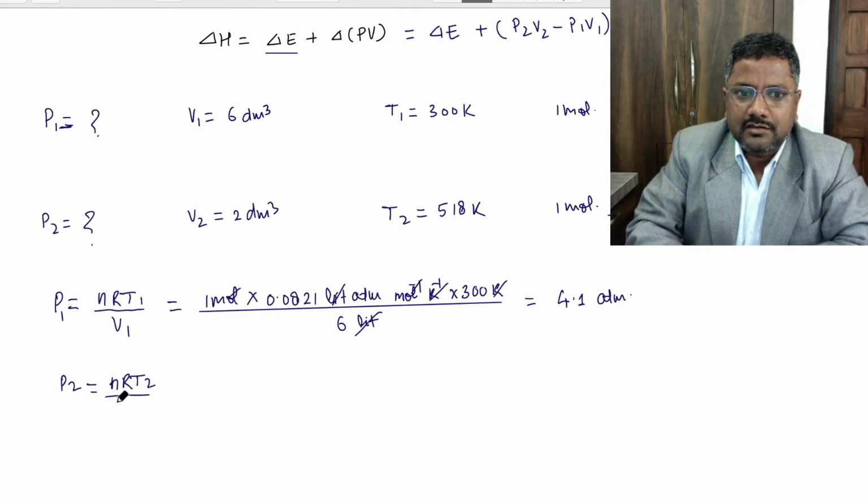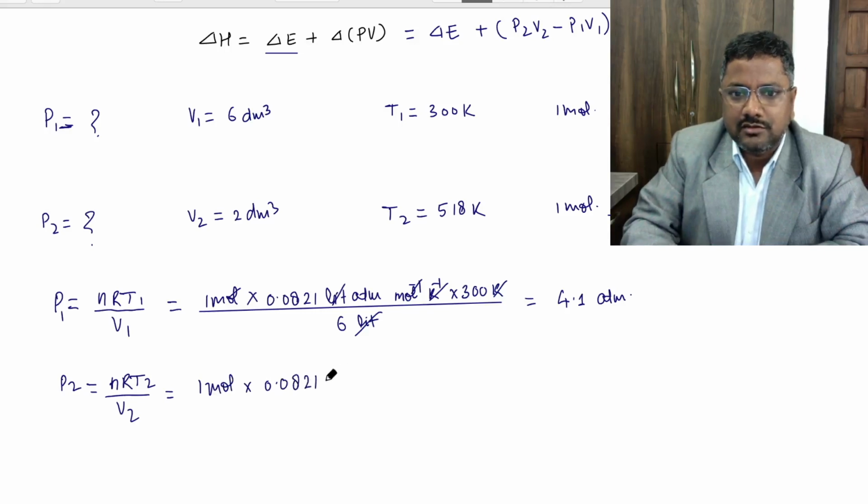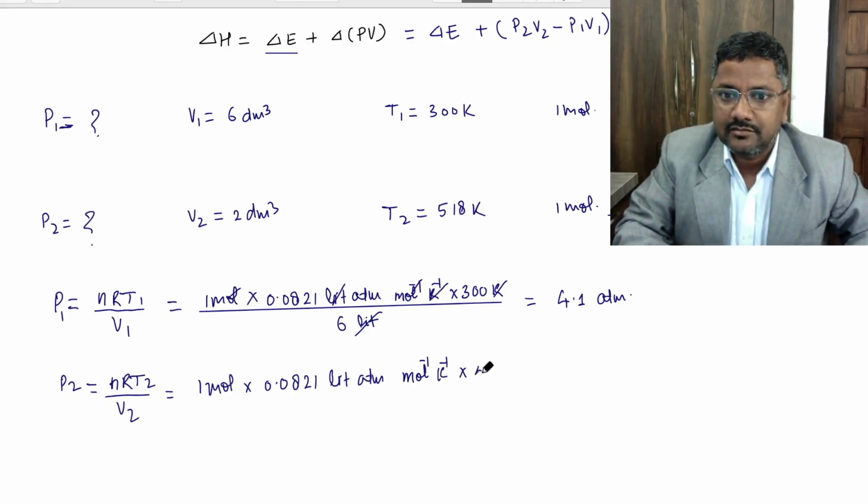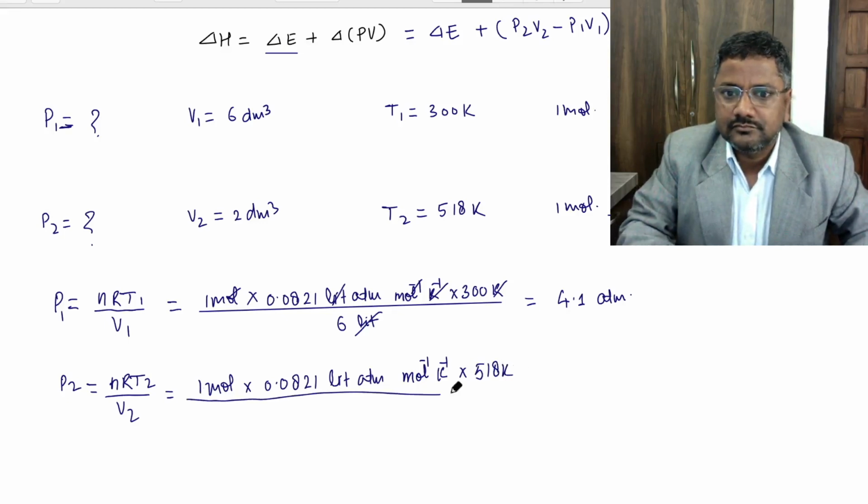Similarly, P2 is equal to nRT2 by V2. So 1 mole, 0.0821 liter atm per mole per degree Kelvin, and this time 518 Kelvin by 2 liters.